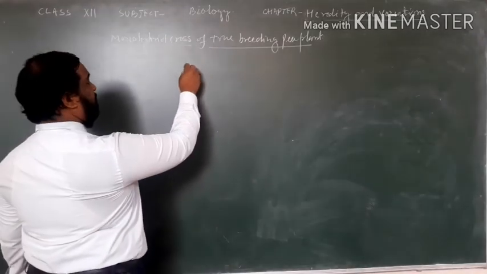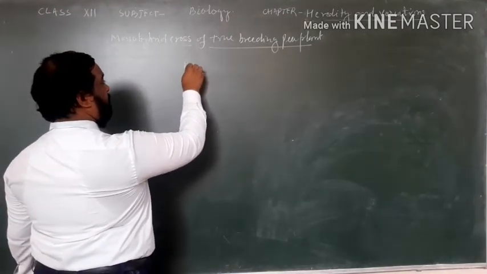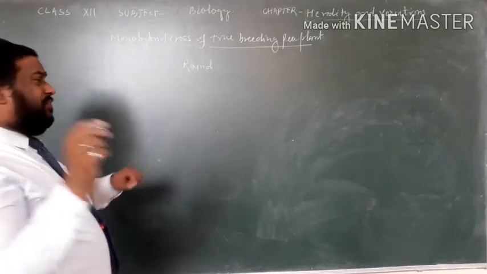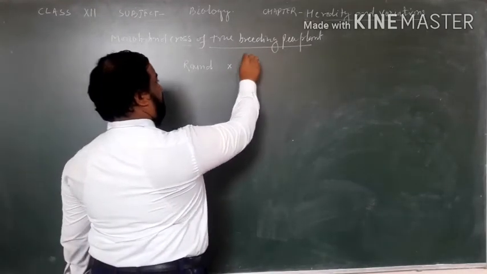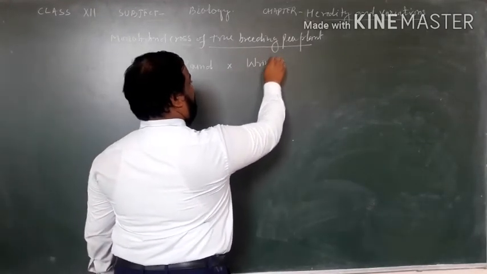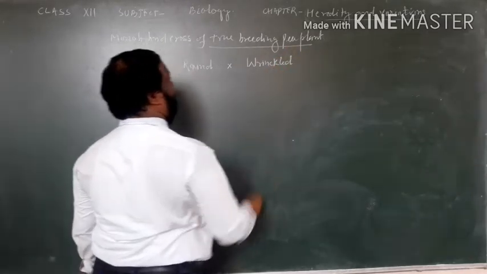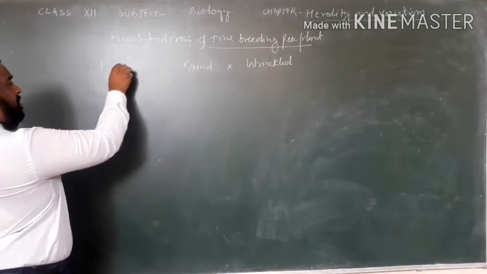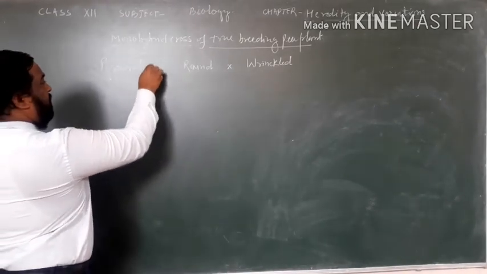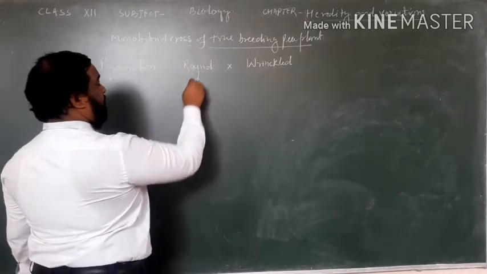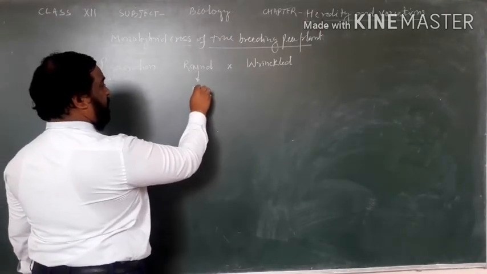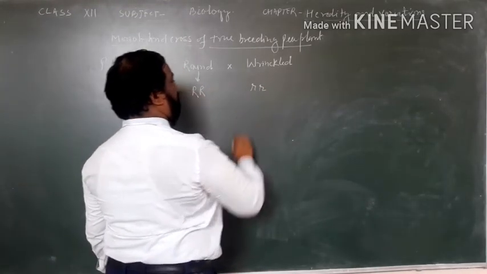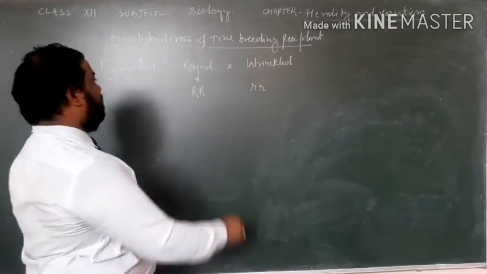Second example about monohybrid cross of two breeding pea plants. So here round shape of seed crosses with wrinkled. So this is the parental generation. Now here capital R is the gene for round, and small r is the gene for wrinkled.